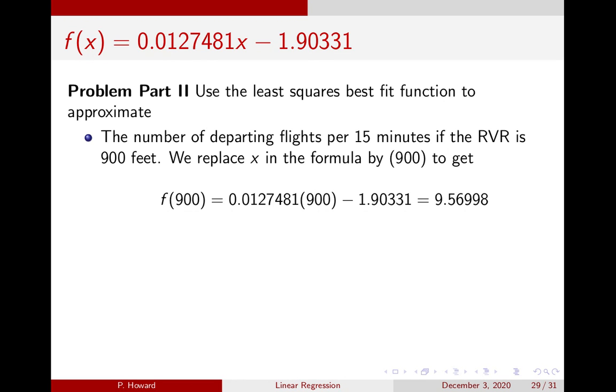So between 9 and 10 flights per 15-minute period when the RVR is 900 feet. That's what our function gives us.